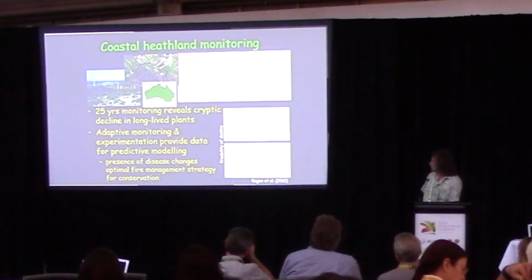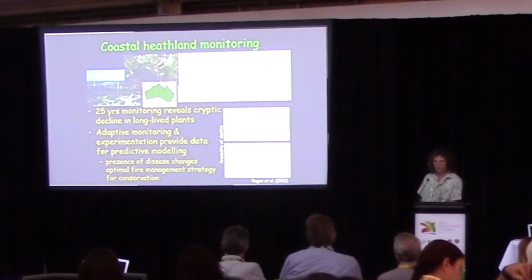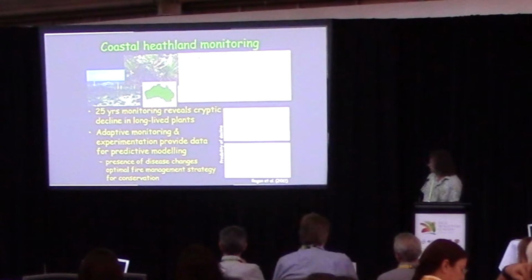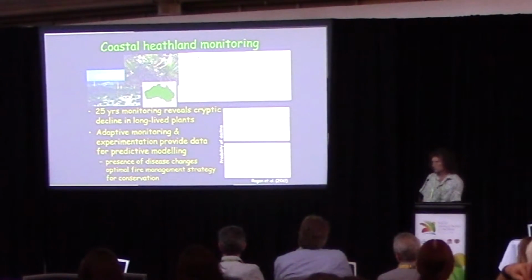And just finally, the third example is an example just down the road. If you were out yesterday with us down at Royal National Park on one of the field trips, we've been monitoring an interesting long-lived plant down there for 25 years, have long-term trends in that population, and discovered from that work that there's a cryptic decline in the population that varies between sites.